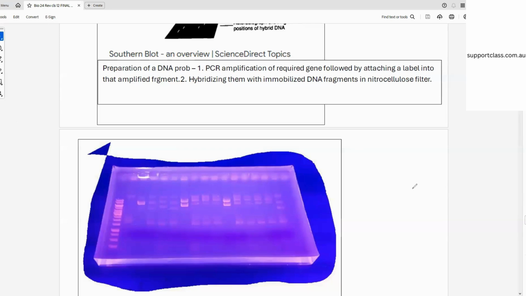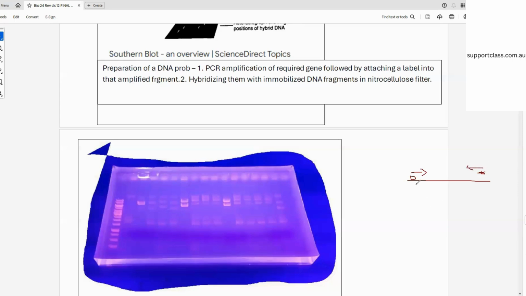So imagine, we select primers to amplify this insulin gene. One primer, and another. Remember PCR, right? Hope you can remember PCR now.